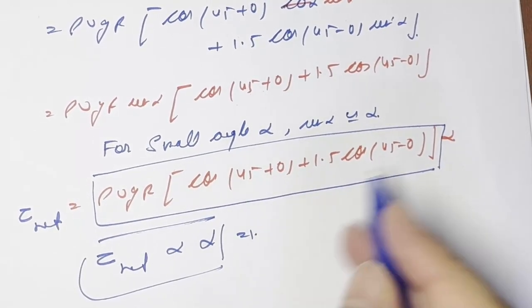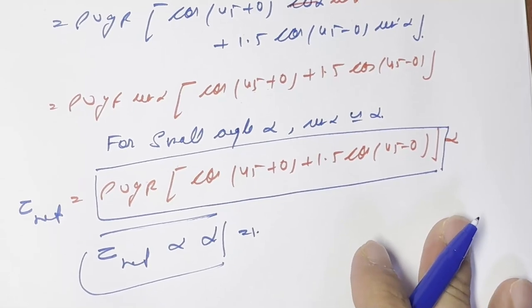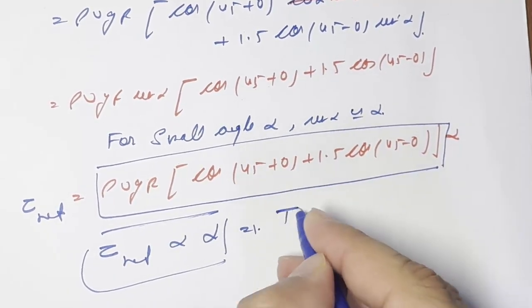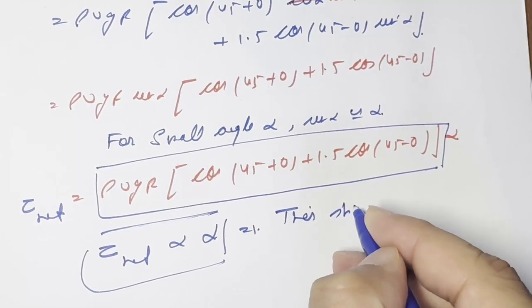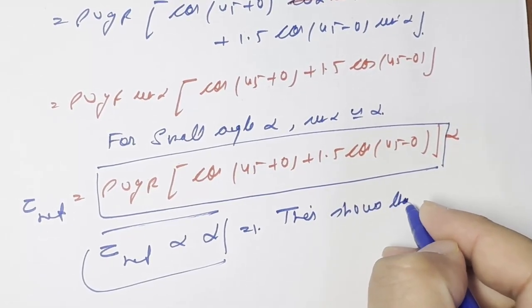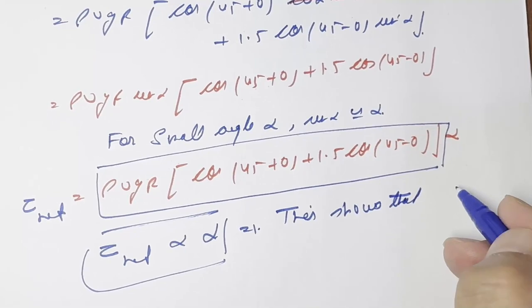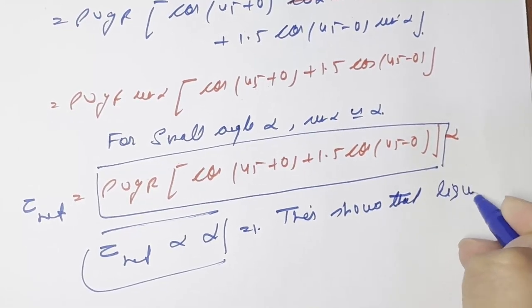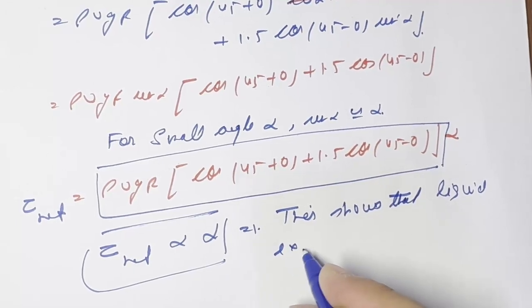So therefore we can say that this shows that the liquid column executes SHM.